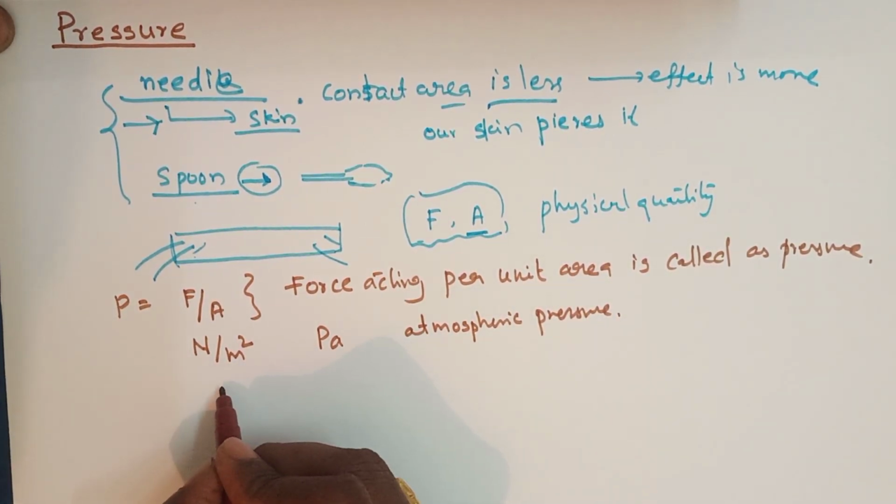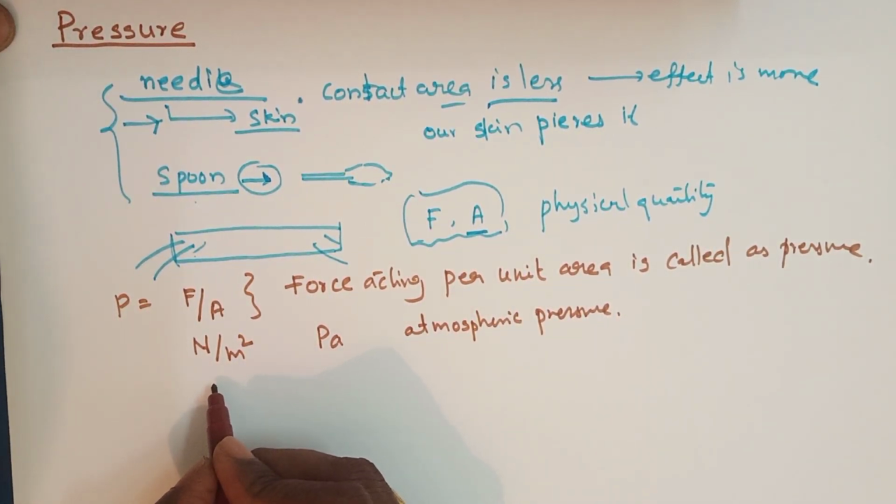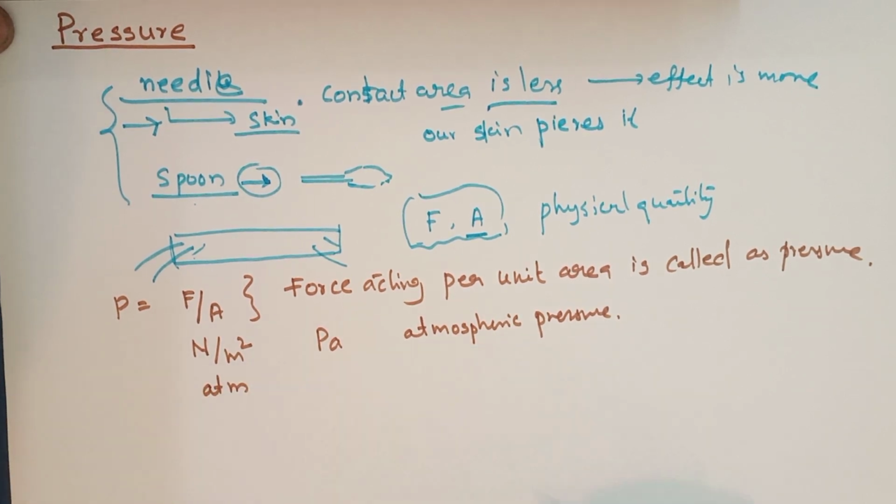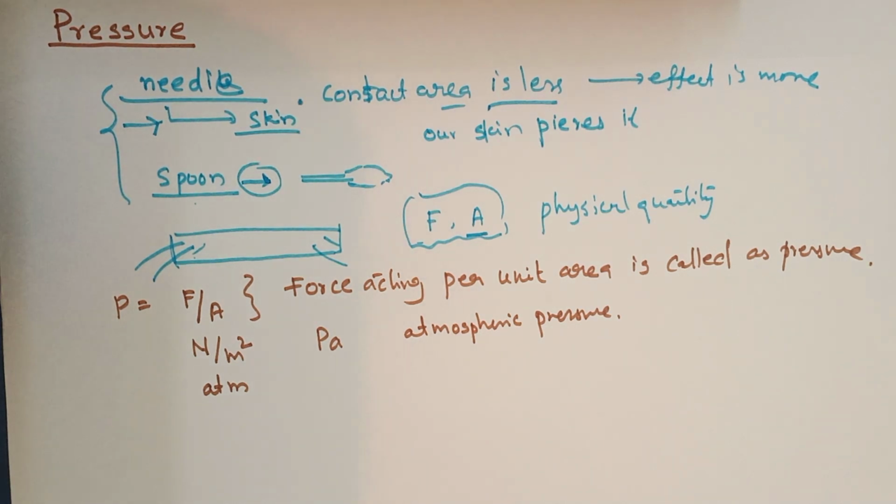The unit of pressure is also the atmosphere, and Pascal, Newton per meter square. Of course, you can write dyne per centimeter square also. Right?